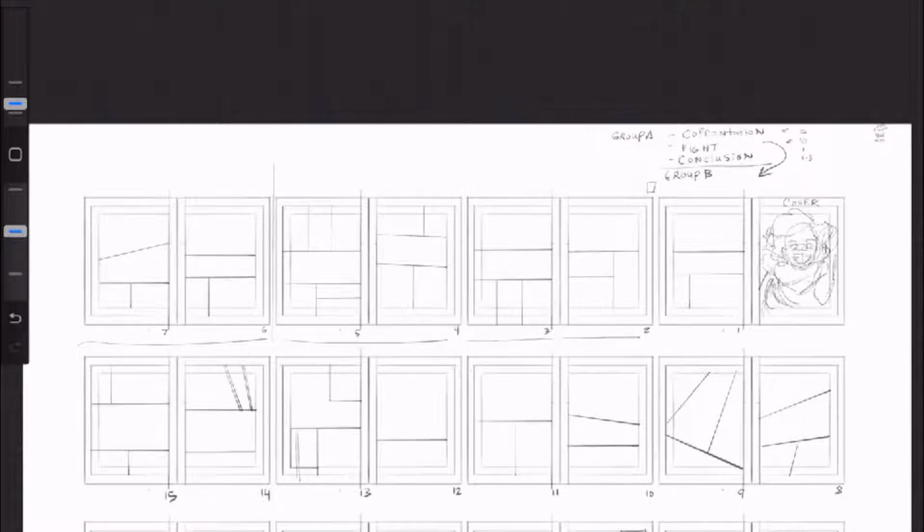You want to start off with your plot, and then go, okay, how do I want this stuff to happen, and how do I want the reader to feel? When you're establishing those emotions with the situations, that's when you can really dive deep into the orientation of everything in your panels, in your scenes, in your shots.